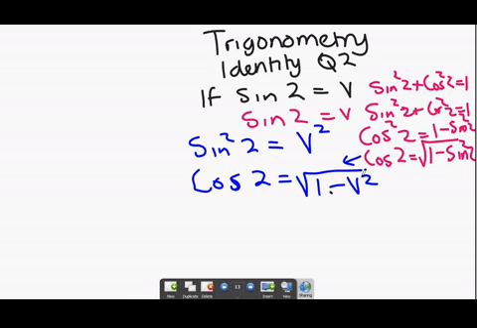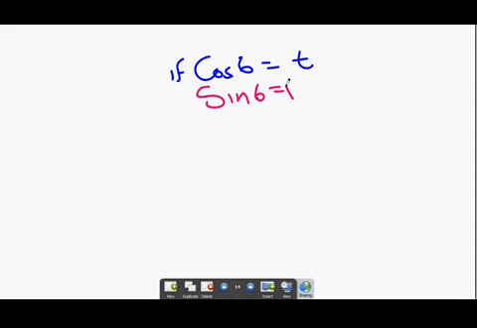Now once I can do that, I now know that every time I'm given sine, I can always find cos. Let's have another example. For instance, if they say cos 6 is equal to t. Let's say cos 6 is t, I can immediately say, oh wait, I've been given cos 6. I can find sine 6 is equal to square root of 1 minus t squared.